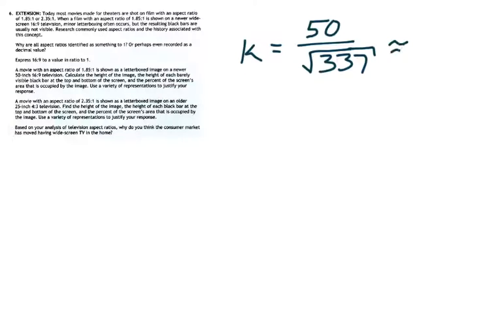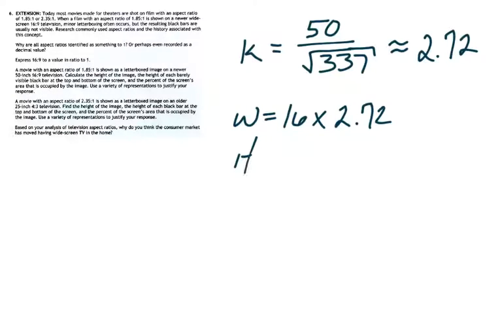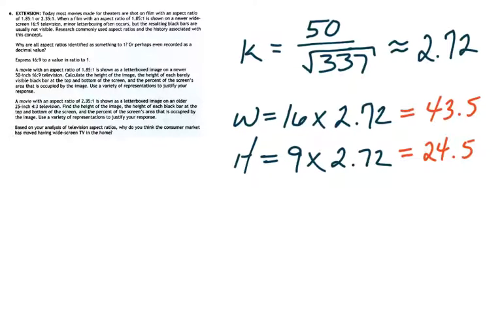That's going to give us K equals approximately 2.72. So then we can find the height and the width. The width is equal to 16 times 2.72, and the height is equal to 9 times 2.72. So that gives us a width and a height of 43.5 inches by 24.5 inches.